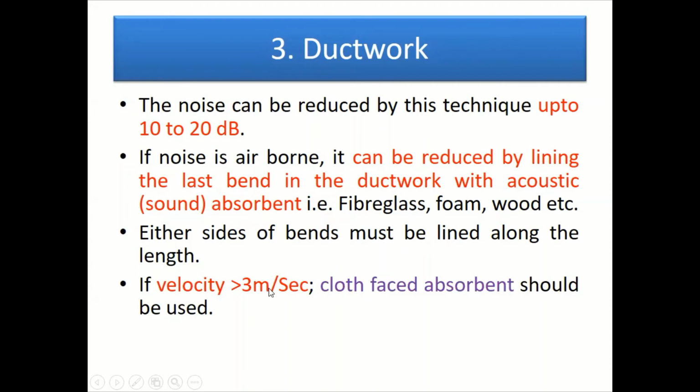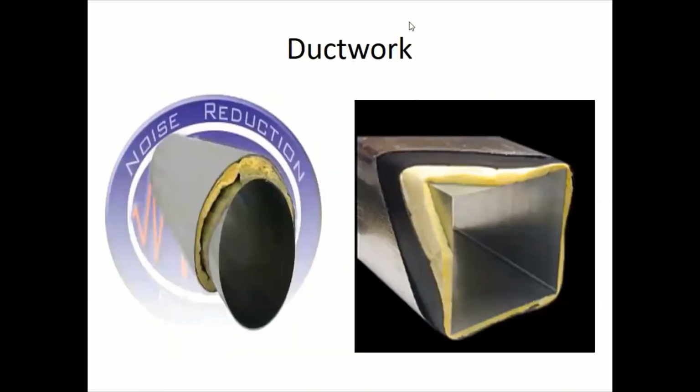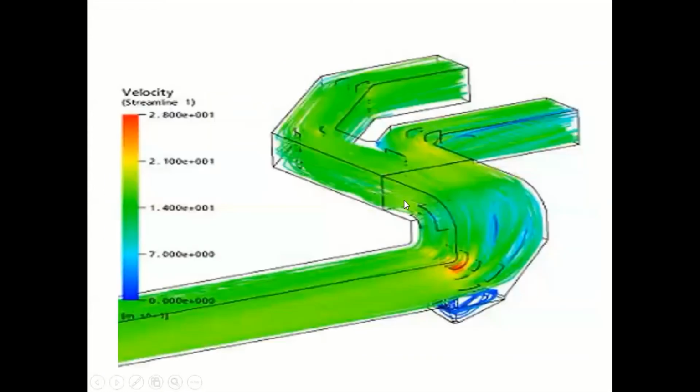If the velocity is less than 3 meters per second, closed face absorbent should be used. Application: ventilation, cooling, etc. This is the image of the ductwork.